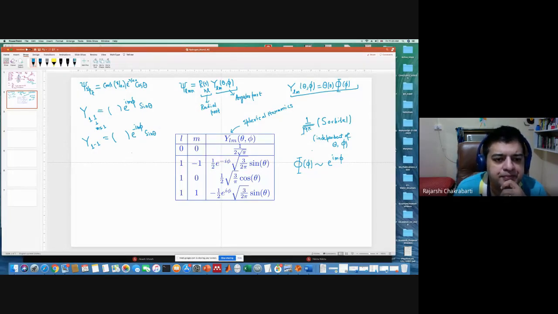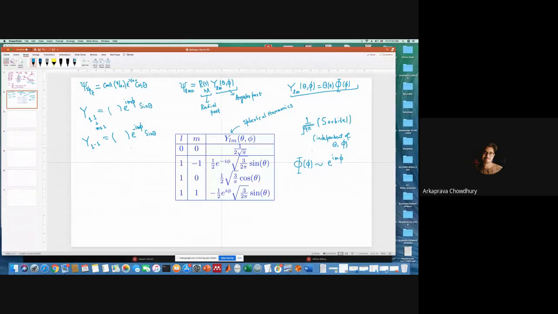Okay. But I have some problem with this. Not a problem, but maybe some of us are not very comfortable with this function. What is that discomfort? Can anyone tell me? Some of you may have it. Imaginary part is present.